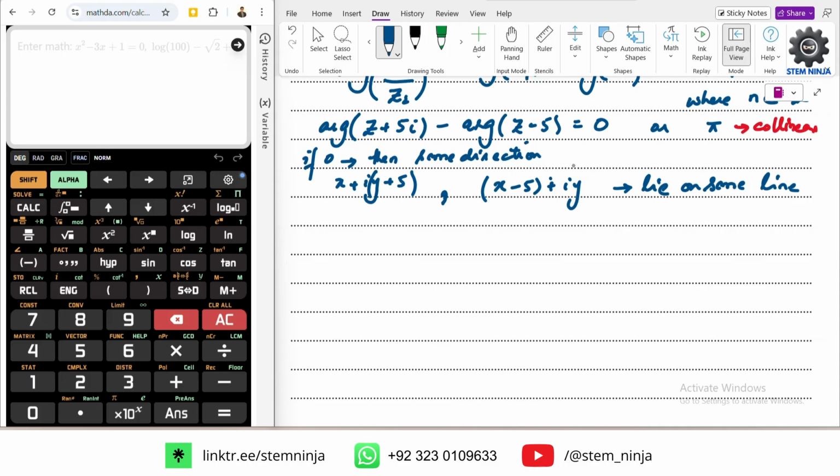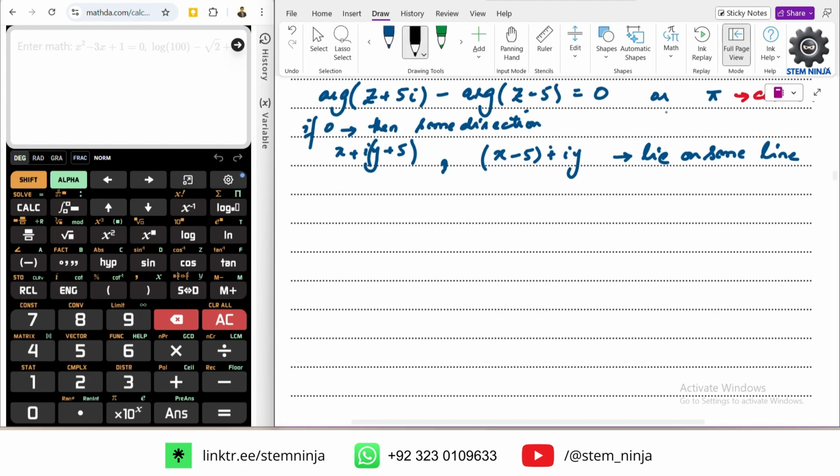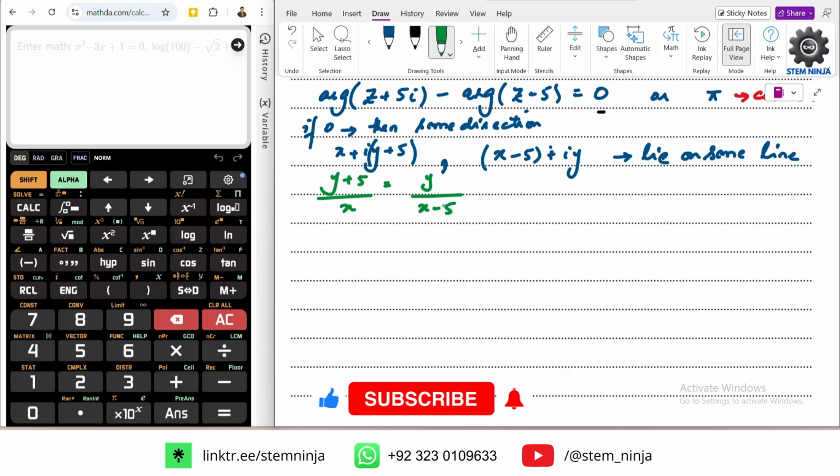So if we apply the gradient formula from 0, from the origin, whether it's 0 or pi, we're either getting, let's say, y plus 5 over x equals y over x minus 5, right?